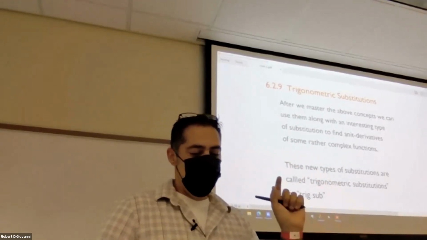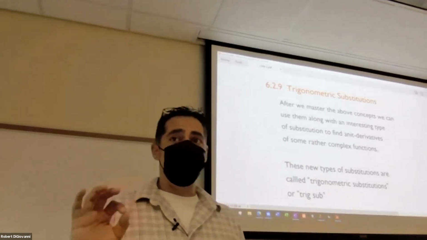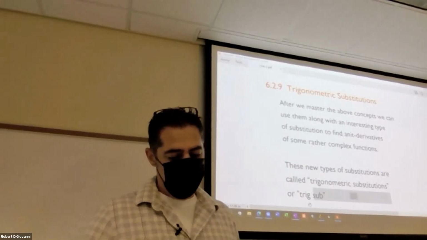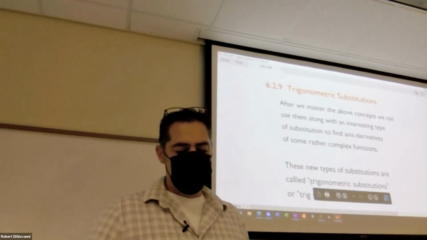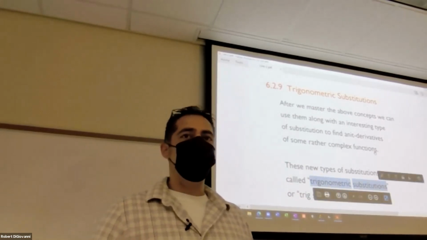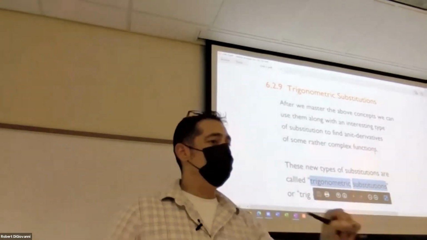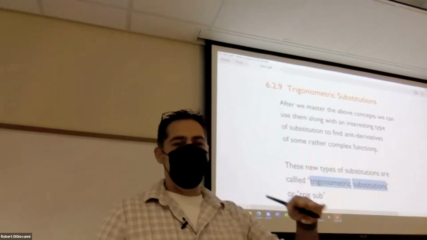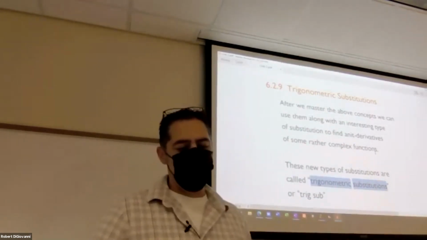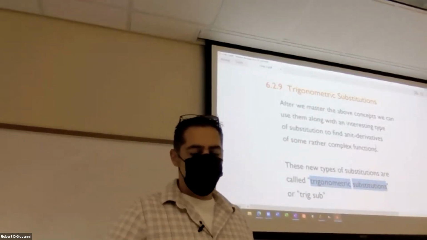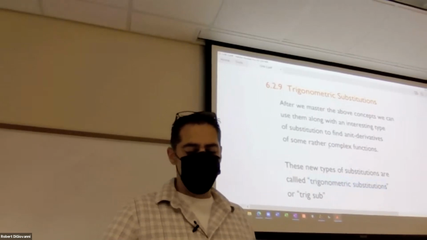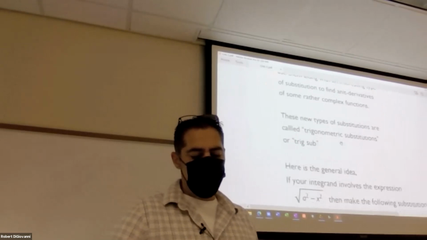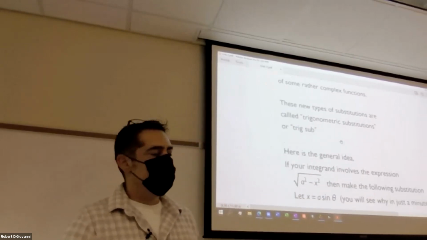So this new type of substitution is called a trigonometric substitution. This is not U substitution. U substitution is when we look for something and its derivative, and it's okay to be off by a constant. That was the first kind of method we ever learned. Here, trigonometric substitution is very different. So, here's the general idea.